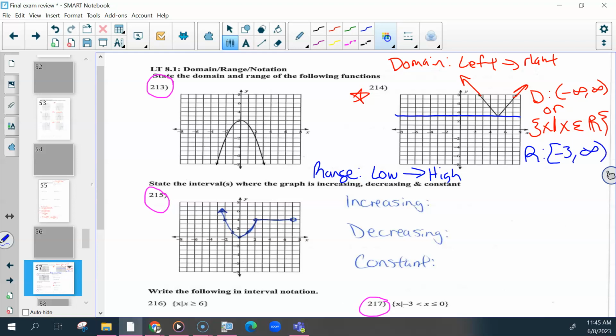But the 3 would be a bracket, square bracket, because it's included. In set builder notation, it would be everything greater than or equal to 3. Questions on that one before we do 219?